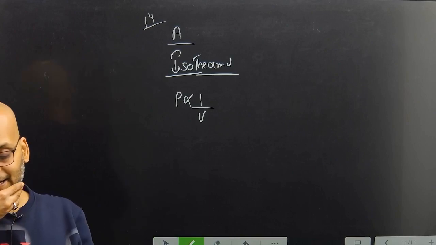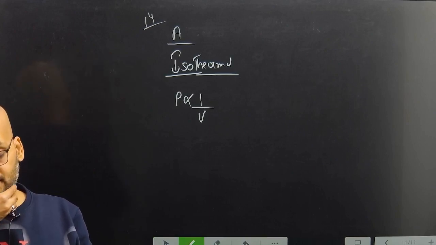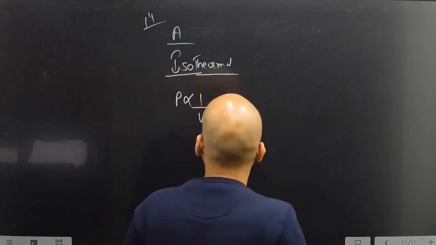While the gas in container B is compressed to half of its volume adiabatically. It is done adiabatically. Fine.